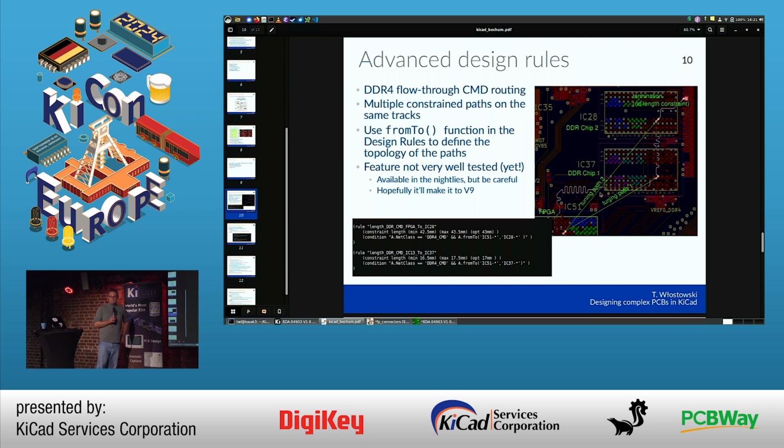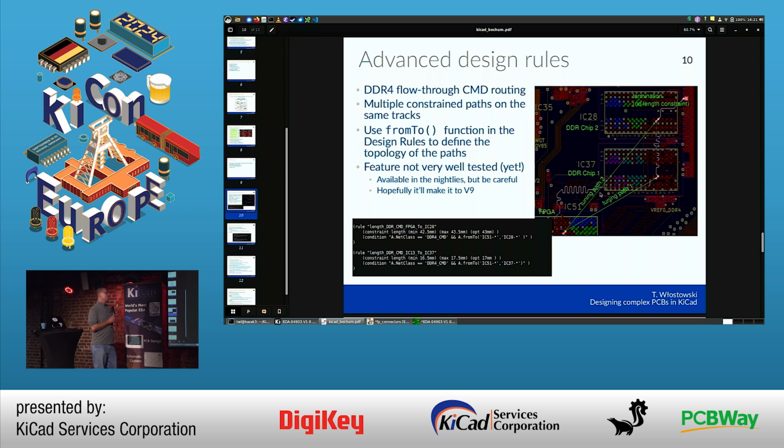So KiCad already sort of supports complex length tuning, although it's not exposed very well in the user interface. Hopefully this will be better in V9. You can fiddle around with it already in the 9.0.